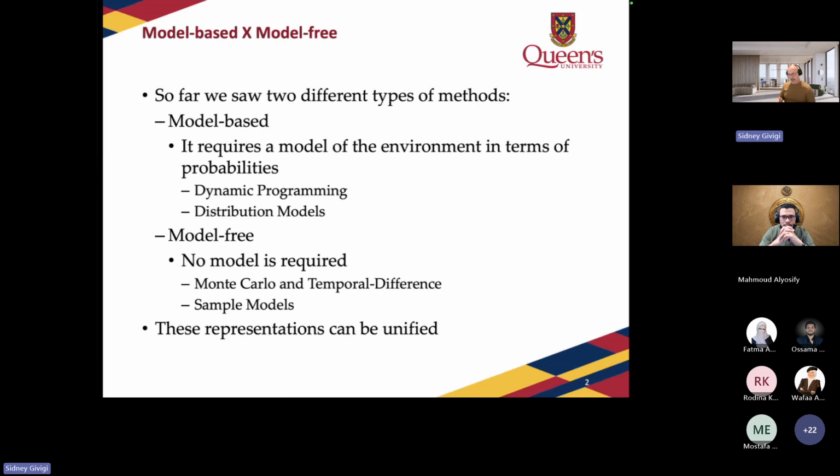And we have seen that there are other methods that are what we call model-based. This means that we assume that we have a distribution that describes how the environment behaves. So we have some type of mathematical modeling.